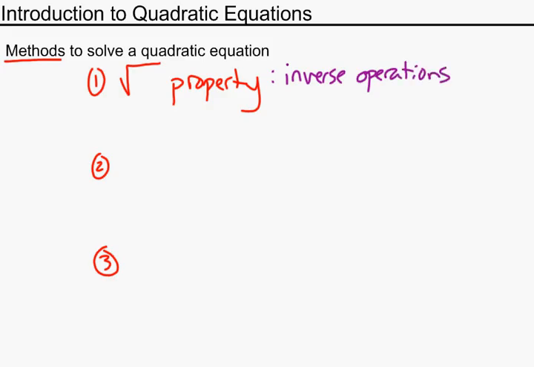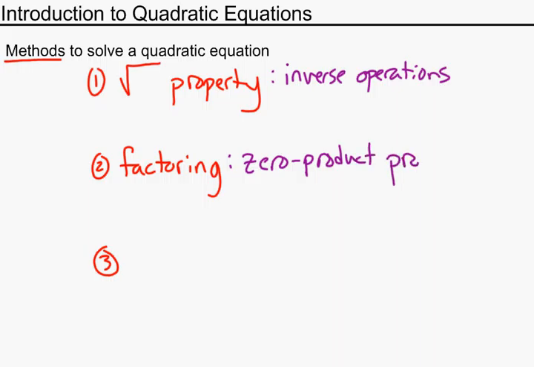Anytime that I can just use inverse operations to solve, I can use square root property. The second method is factoring. A lot of people just label this as a method of factoring in terms of solution, but I really like to pair it with what's called the zero product property, because without the zero product property, you can't use factoring to solve.